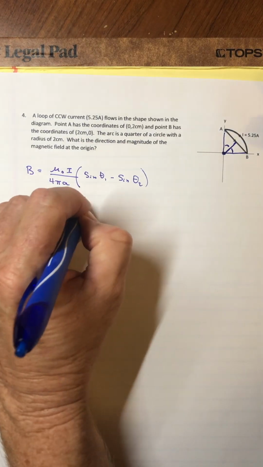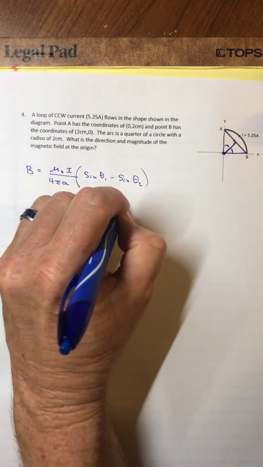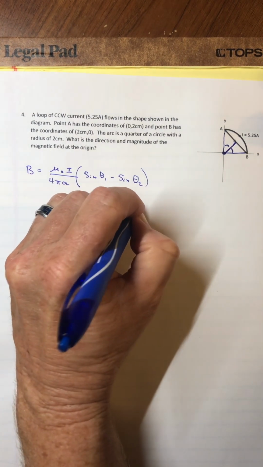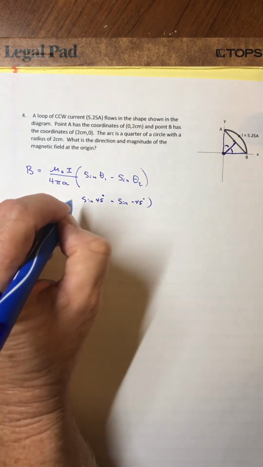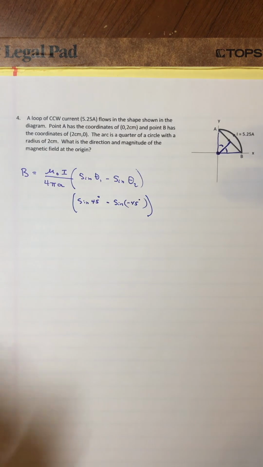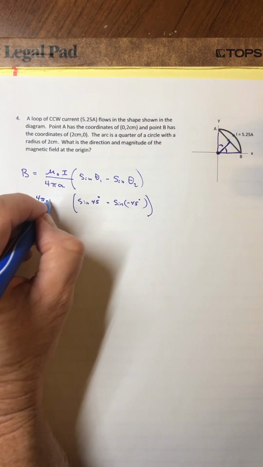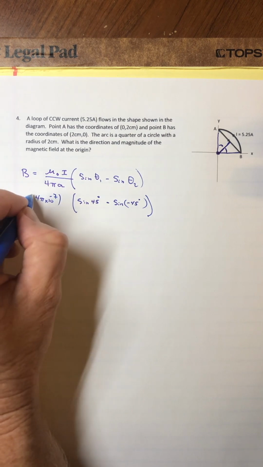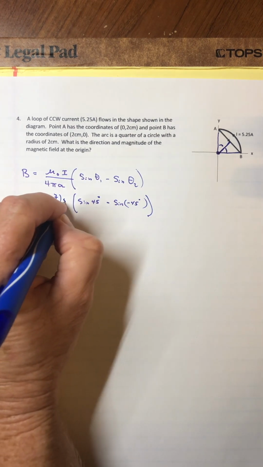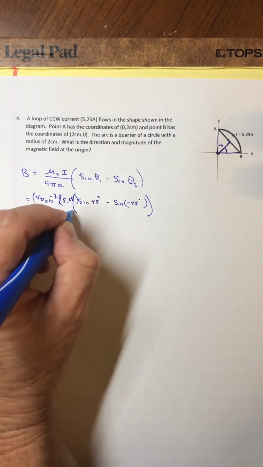So I'm going to put sine of 45 degrees and then go sine of negative 45 degrees. If I put in my permeability of free space, and I didn't really give myself enough room for the current. Let me squeeze it in.